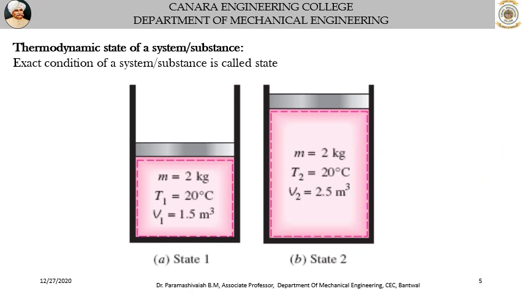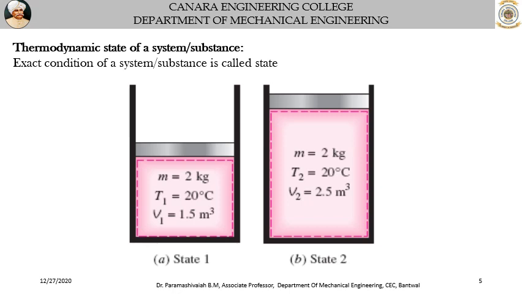Then a thermodynamic state of a system or a substance. The exact condition of a system or a substance is called a state. That means any substance in a system possesses some properties. For example, if you consider this beaker or a cylinder, in this there is some substance.